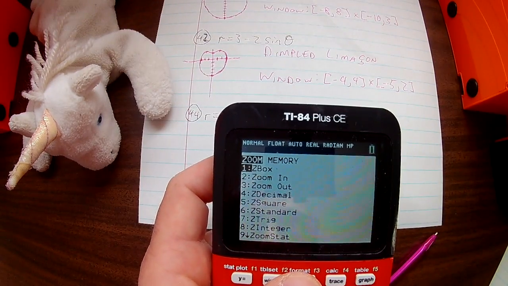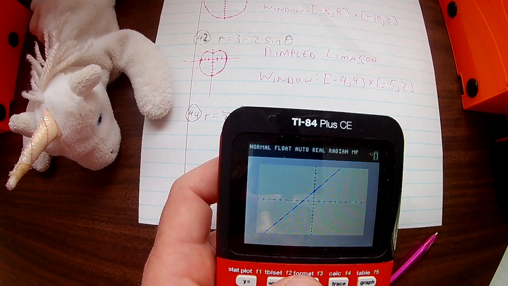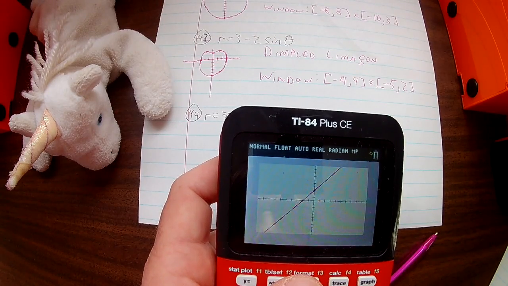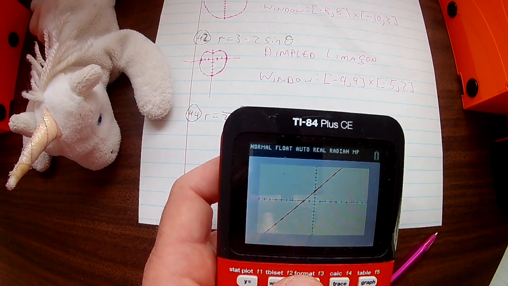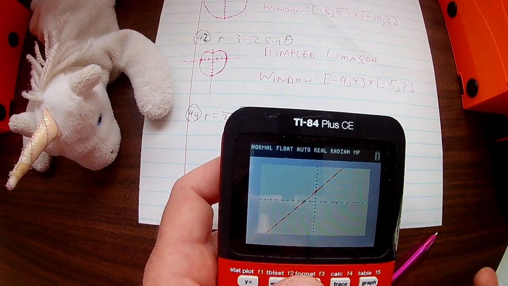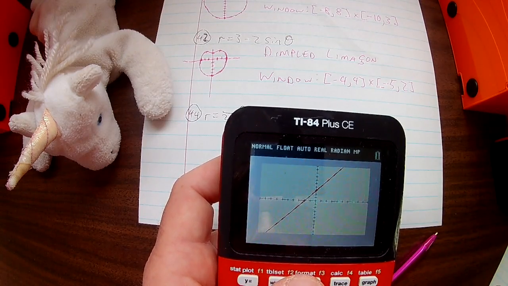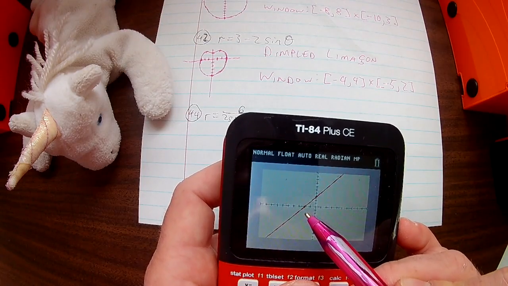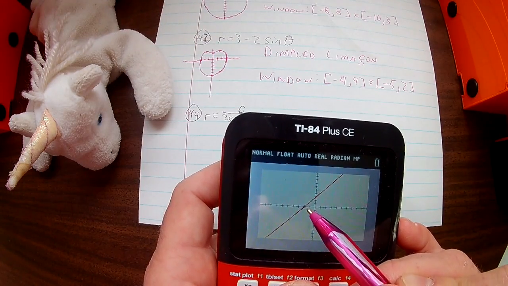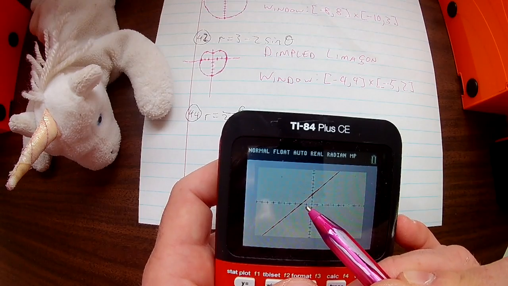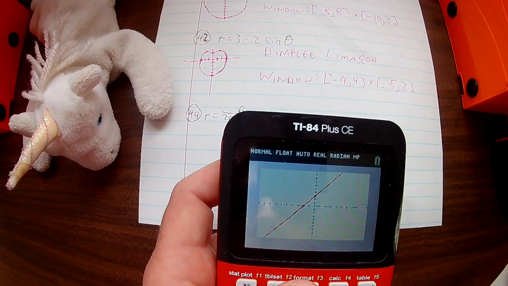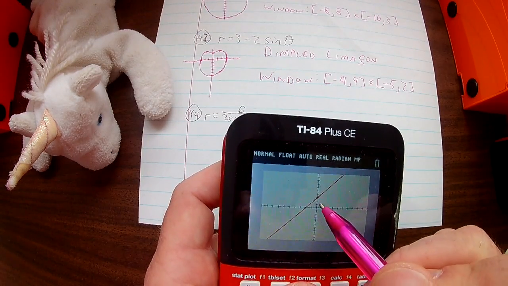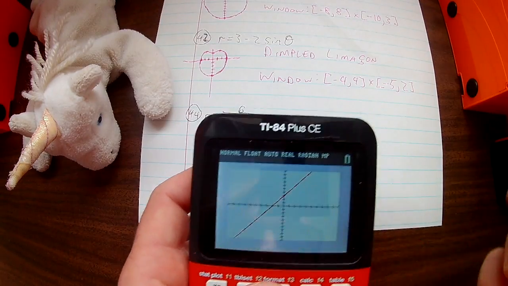Alright, I'm going to go to my standard viewing window, and okay. That's actually not that scary. Is that just the line? That's just the line. Looking here, I can calculate my slope. Let's see, the rise is 3, the run is 2, so my slope of this line is 3/2. My y-intercept is 3.